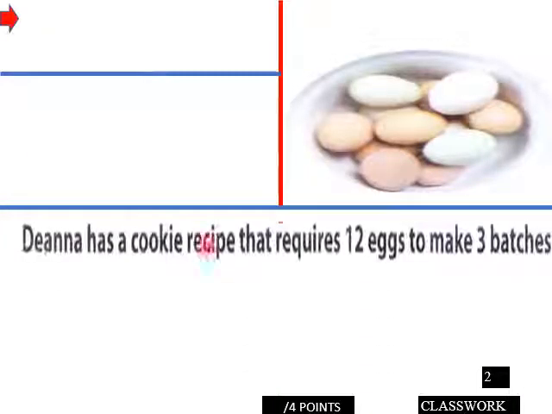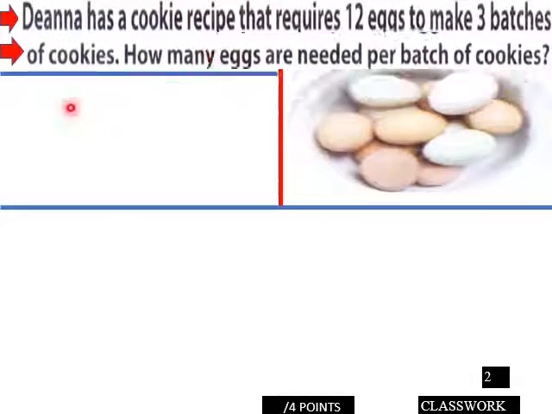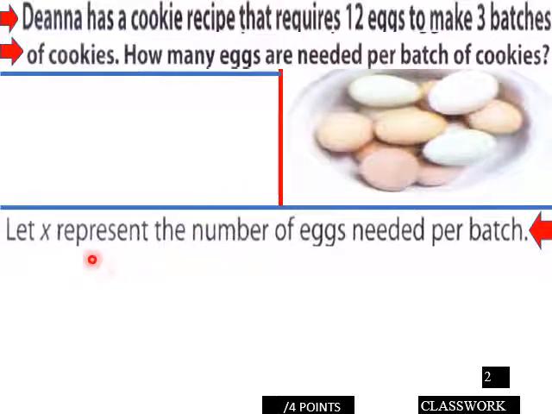Going into our first classwork page here, Deanna has a cookie recipe that requires 12 eggs to make 3 batches of cookies. How many eggs are needed per batch of cookies is the question. So let x represent the number of eggs needed.